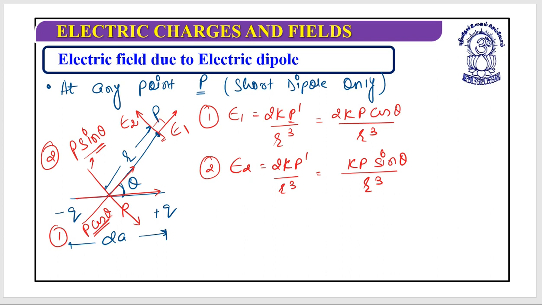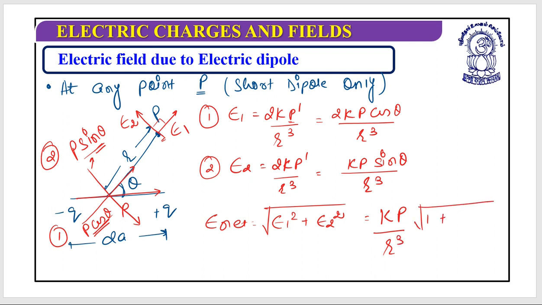So you can have an E net, which is root of E1 square plus E2 square. While you put up the values and solve this, you find that it is kp by r cube under root of 1 plus 3 cos square theta.